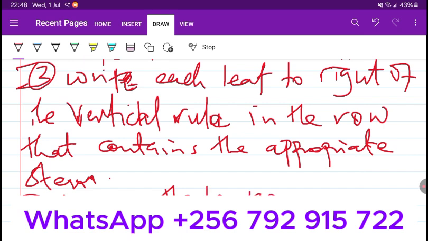I've told you this is just the plural form of leaf. In each row, the leaves in ascending order. You will see what I'm talking about.